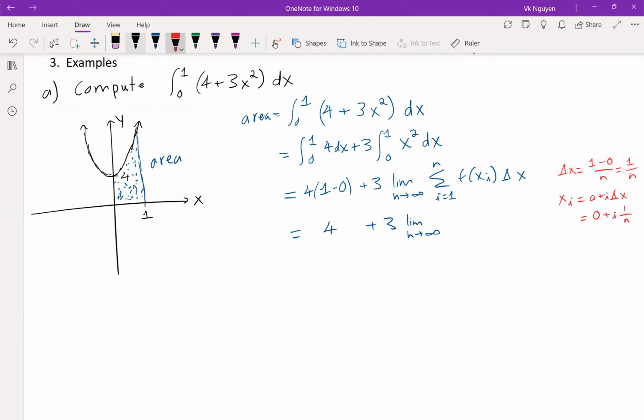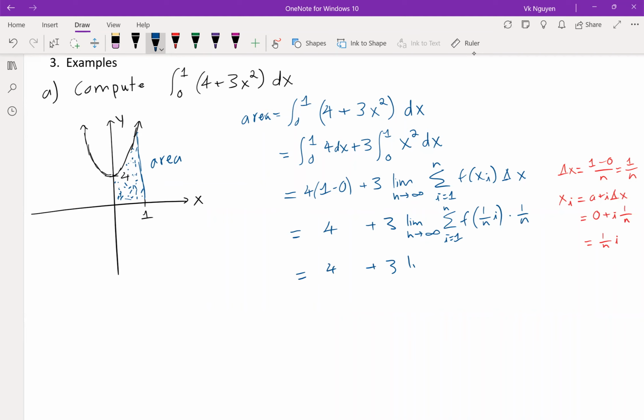So we just have i times 1 over n. Do the substitution, and we're going to have the summation i equals 1 to n of f of (1 over n) i times 1 over n.